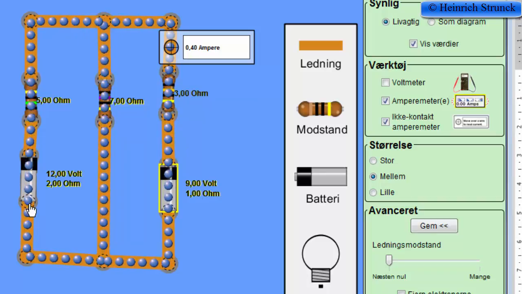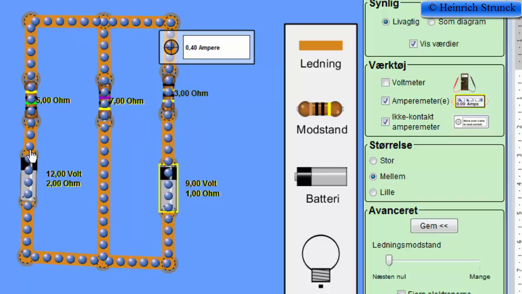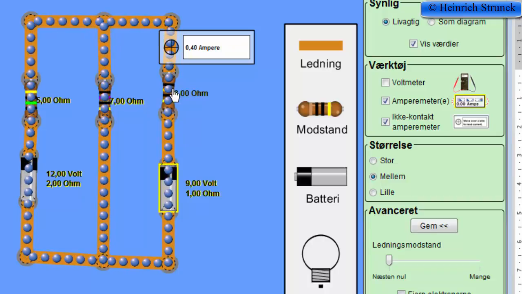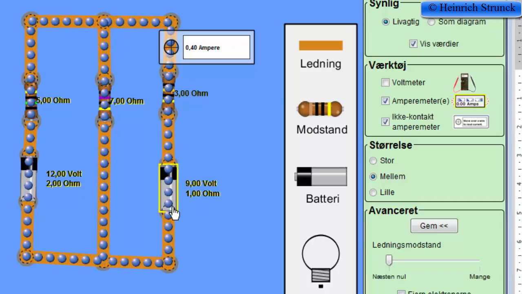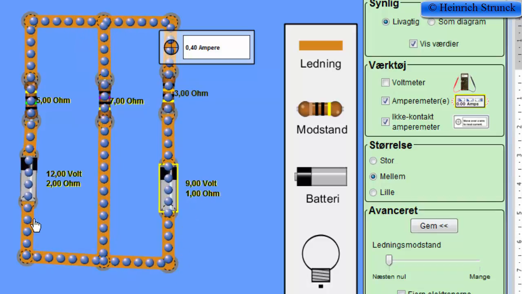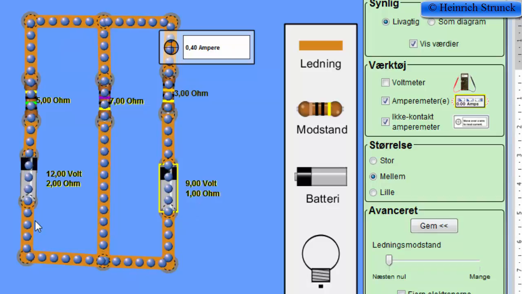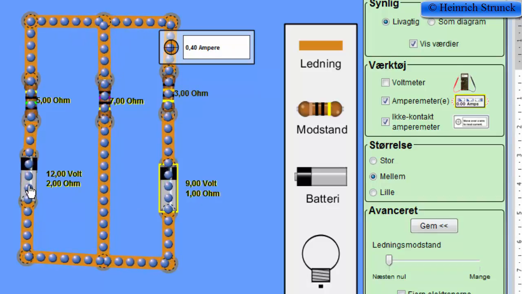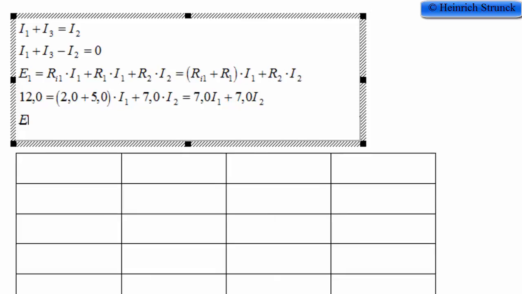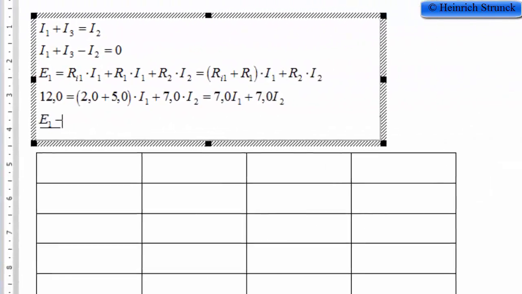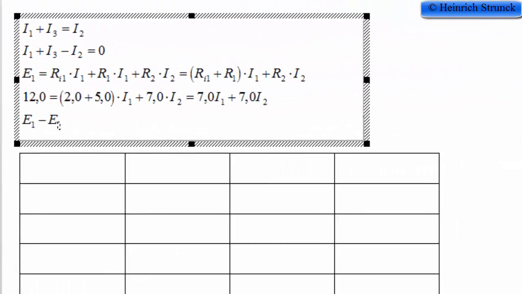For the voltage, here we go from negative to positive, so this one is positive, but over here we go from positive to negative, so this one must be negative. We make the equation and set that all the voltage in the system, all the supply voltage, that is E1, and then we go from positive to negative, and it's minus E3.